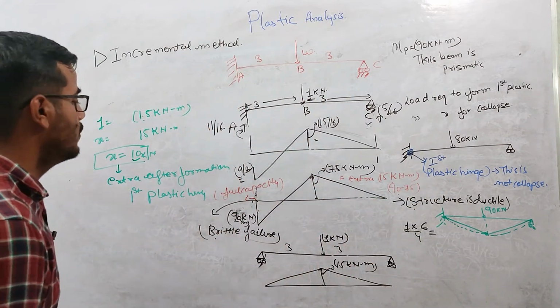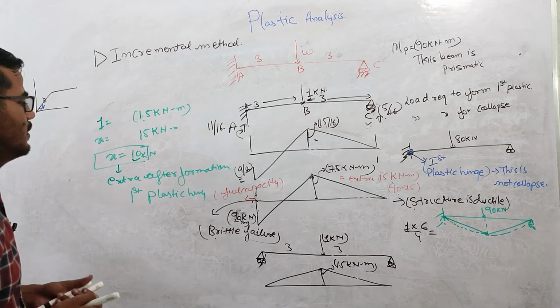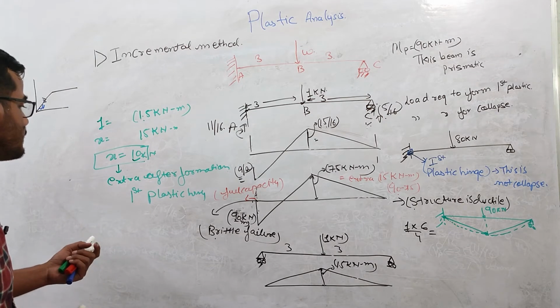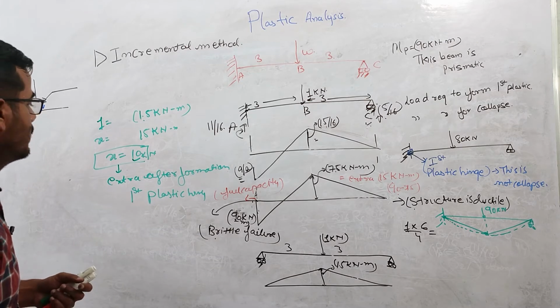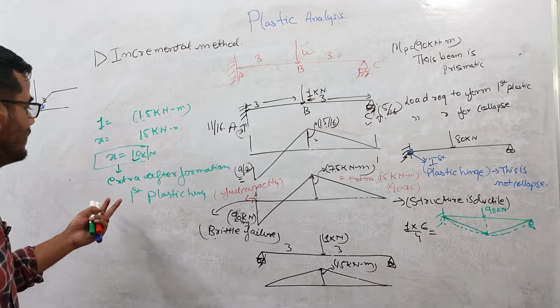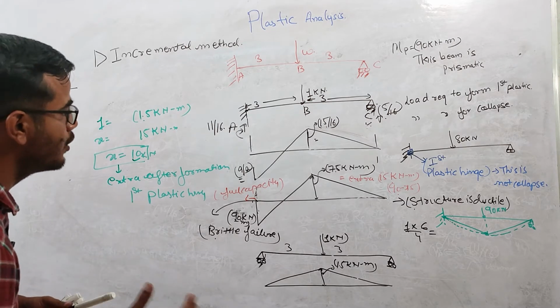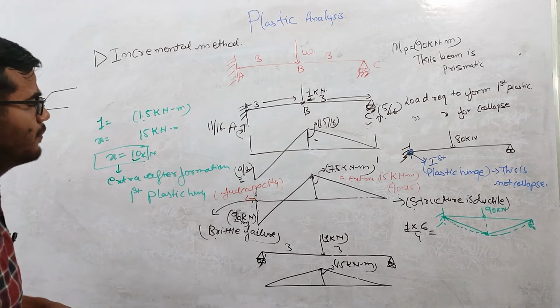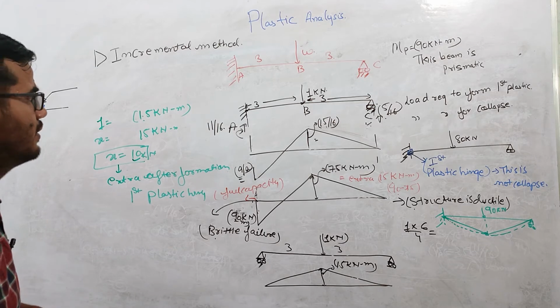So basically a total load of 90 kilonewton is required for the collapse of this structure.